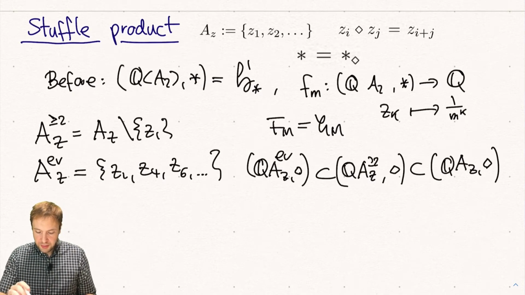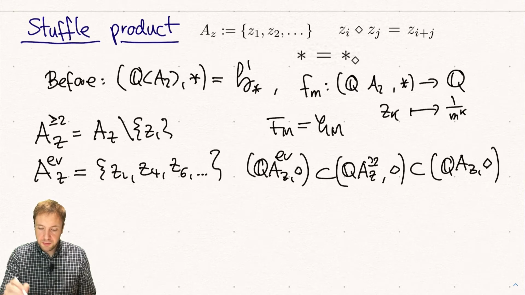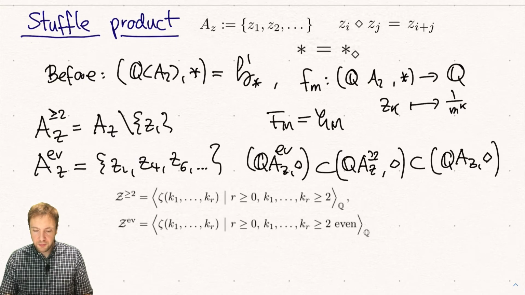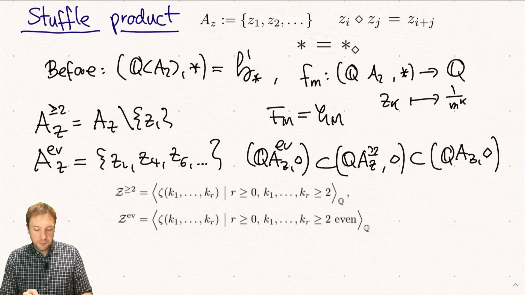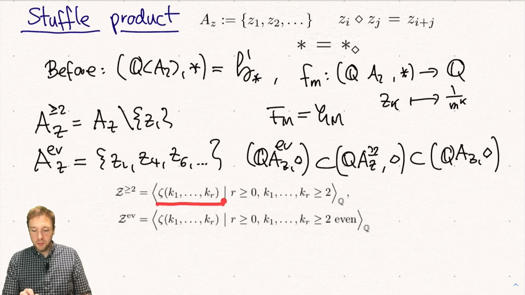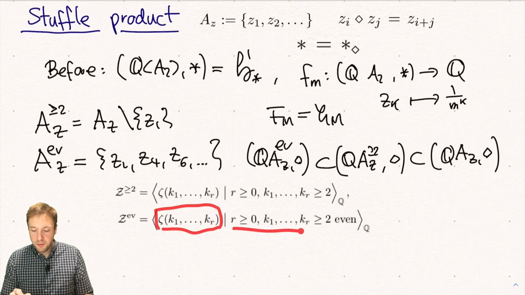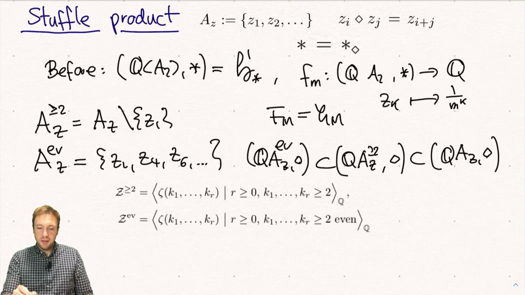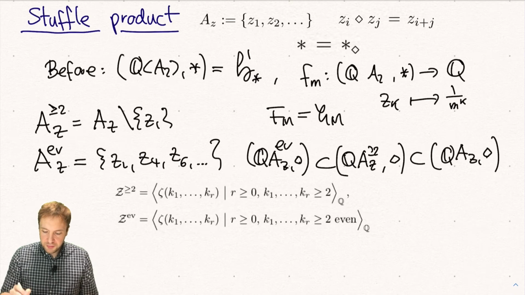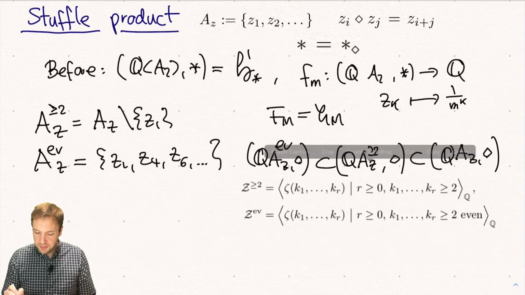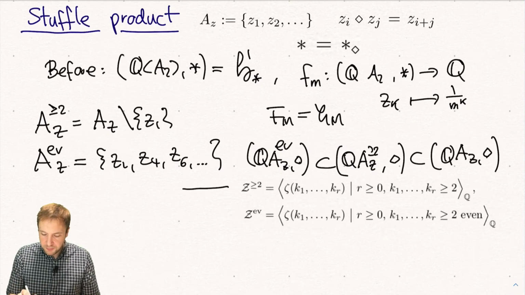And this also gives then subalgebras of the space of multiple zeta values, which we can define like this, for example. Here you see that the span of multiple zeta values where the entries are greater or equal to 2 we denote by Z greater or equal to 2, and the space Z even is the space spanned by all multiple zeta values where the entries are even. From what we did now, we get algebra homomorphisms.